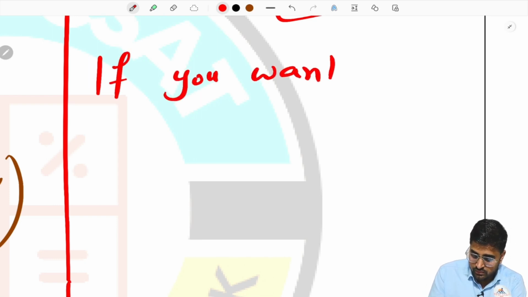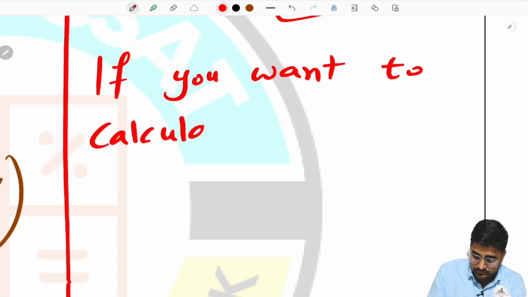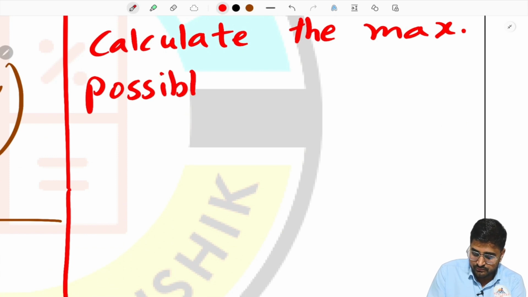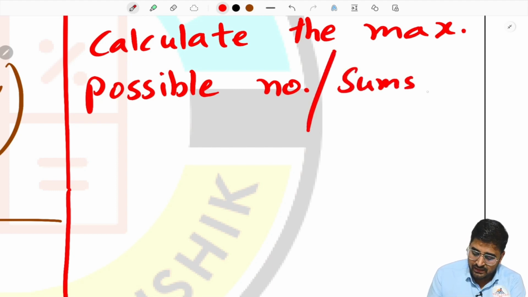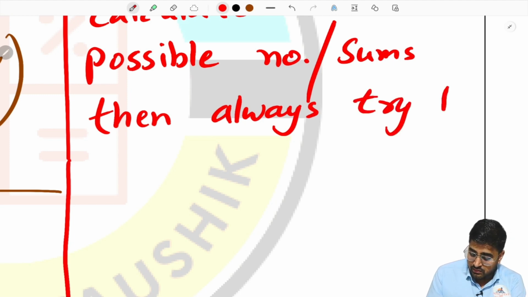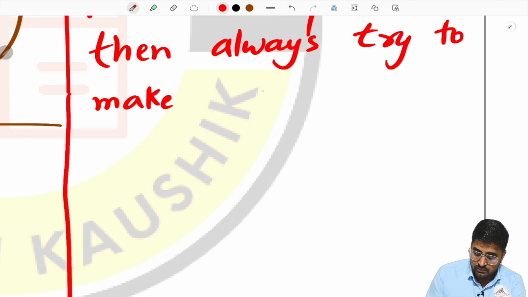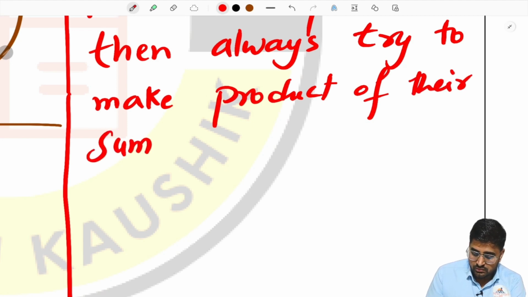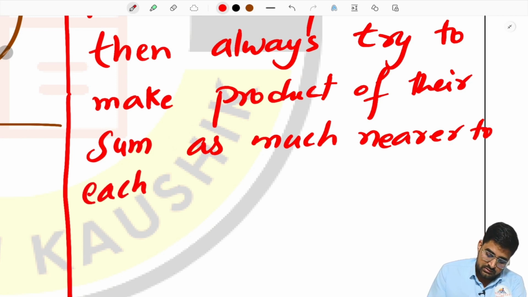If you want to calculate the maximum possible numbers or their sums or anything else, then always try to make the sum or product of their sums as much nearer to each other.